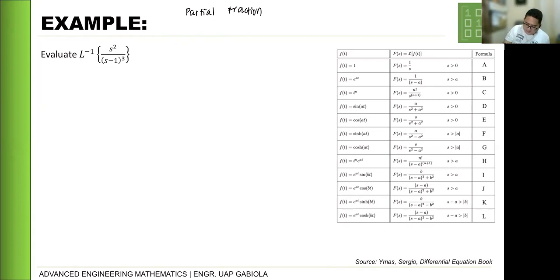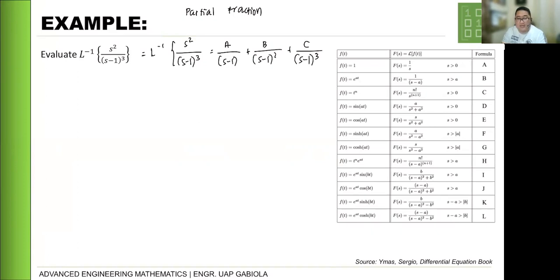So here we can actually change this one, yung s squared over s minus 1 natin into set of terms, no, na pwedeng equivalent. Kaya nga partial fraction, dinidecompose natin yung mismong equation natin into simpler terms. Okay? So this is a over s minus 1 plus b over s minus 1 squared plus c over s minus 1 cube.